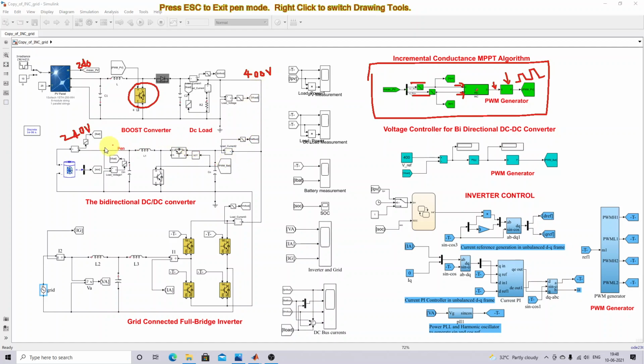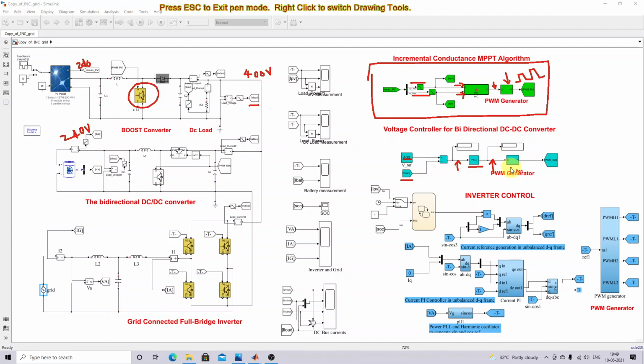So here we are going to apply voltage control for that bidirectional DC converter. We are going to measure the voltage from this bus. Okay, this actual bus voltage is compared with the reference, and it is processed via the PI controller, right? So based upon this error signal, reference voltage and actual voltage from the bus, the PI controller will generate the controlling signal, or the duty cycle.